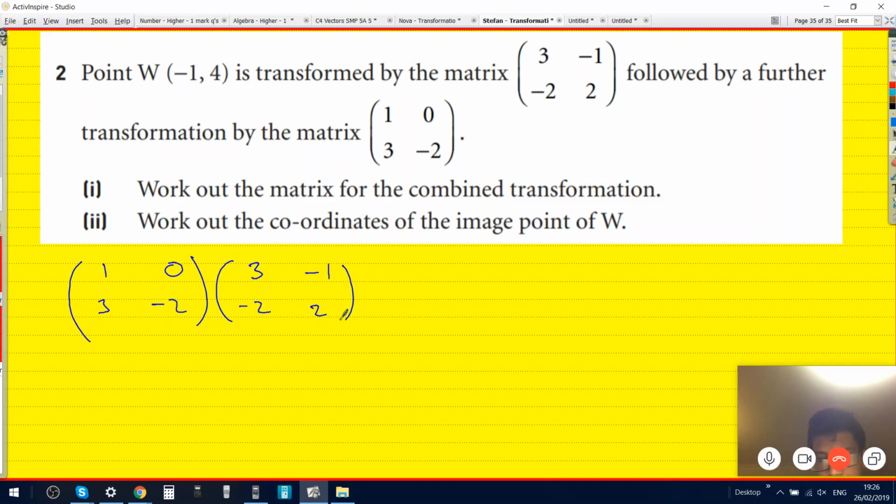Okay, so I got 1 minus 1, 5 minus. And so that's the single transformation? That's a single transformation. I just want to check the order I did it. So 1, 2, 3 minus 2, 3 minus 1. Yeah, so that's fine. So then point W is minus 1, 4. And then you want the coordinate of the image point of W. I assume that means the transformed point of W.